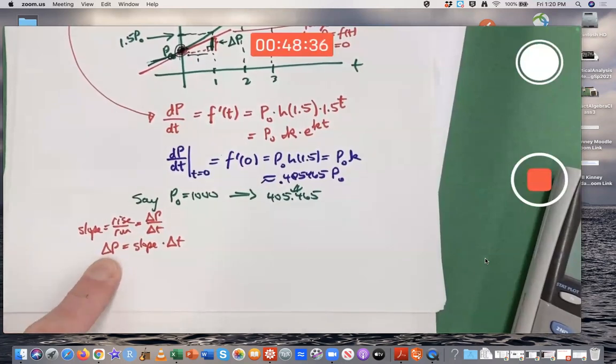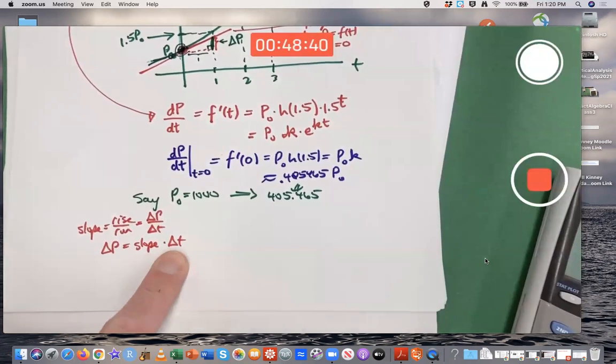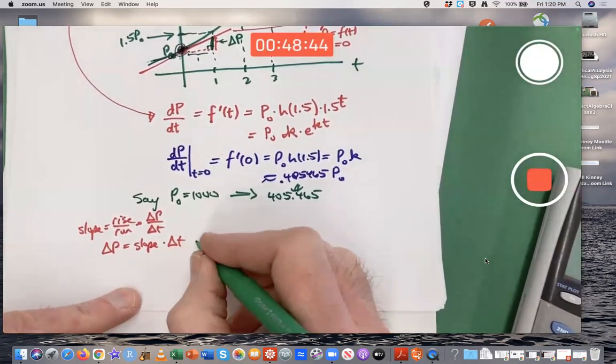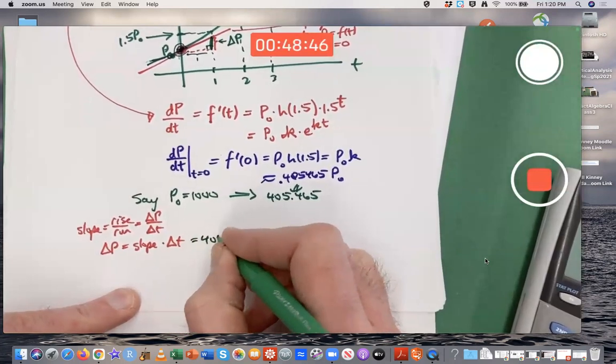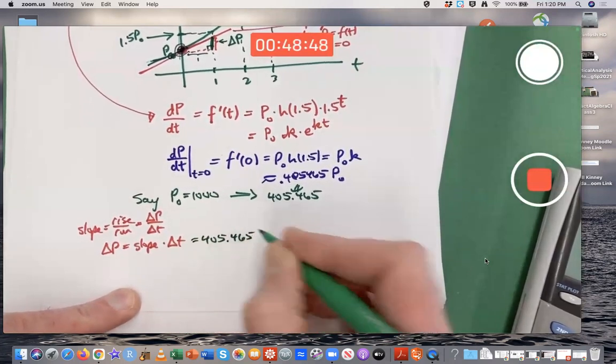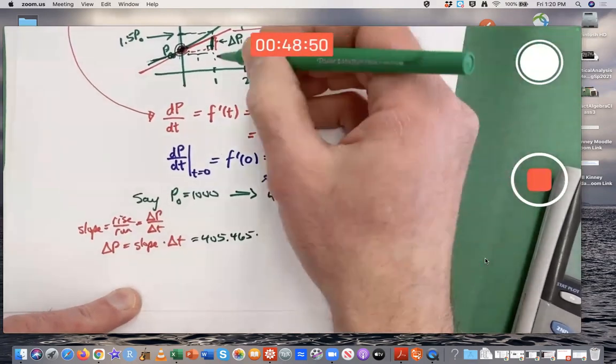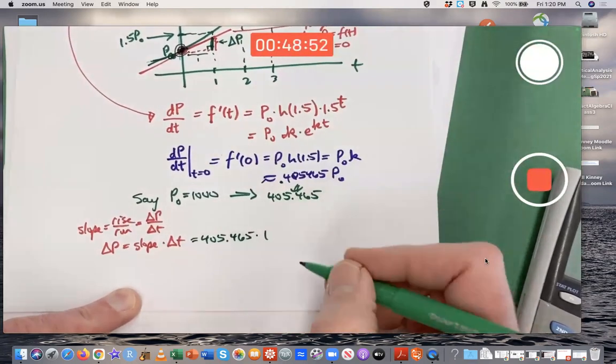The change in this quantity is the rate of change with respect to time times the amount of time elapsed. So in this case, that would be 405.465 times what's the time elapsed? It's just 1 times 1.